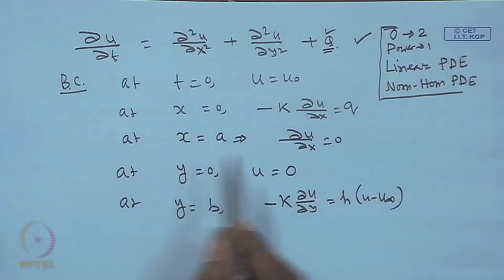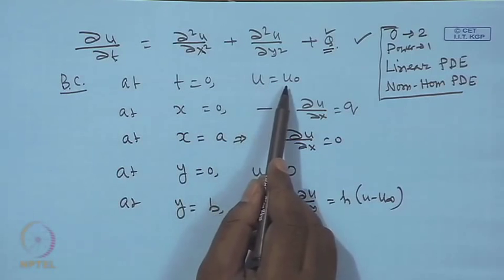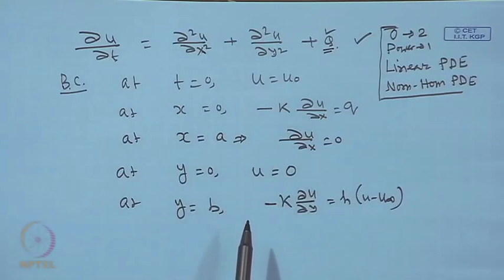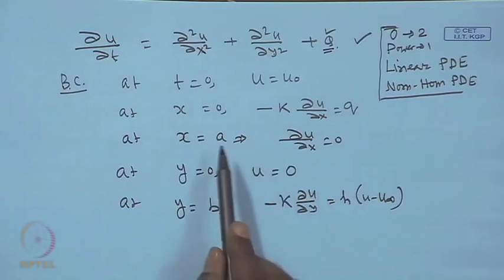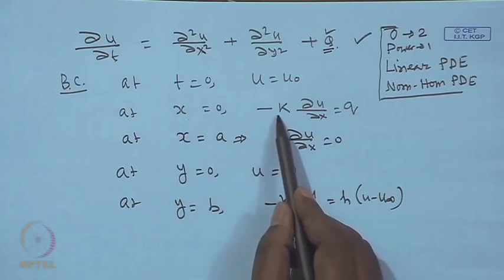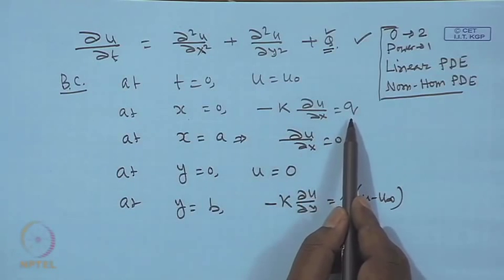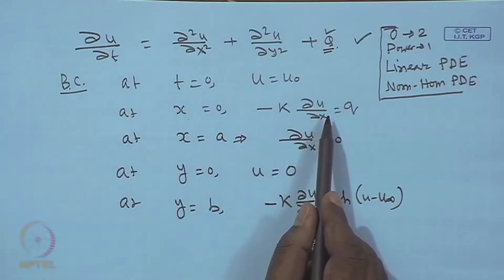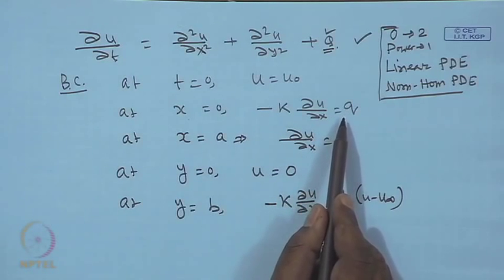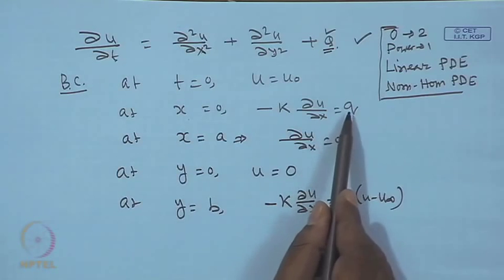The initial condition at t = 0, u = u0, simply means that the initial temperature is fixed, it is given. At x = 0, −k ∂u/∂x = q. This means at x = 0 we have a constant heat flux going into the system, and this constant heat flux is given by q.